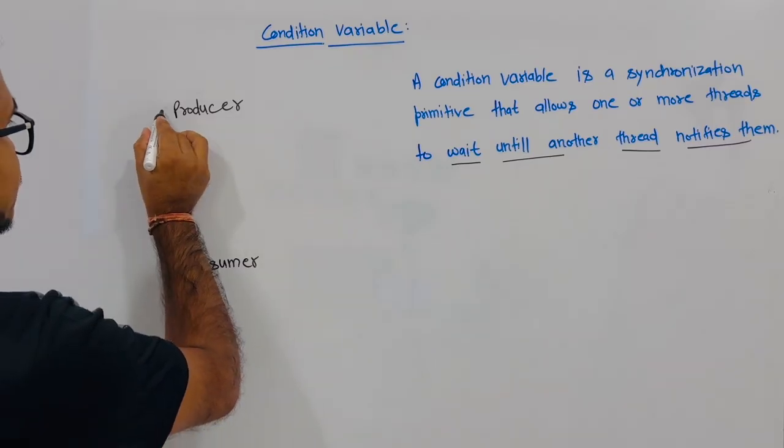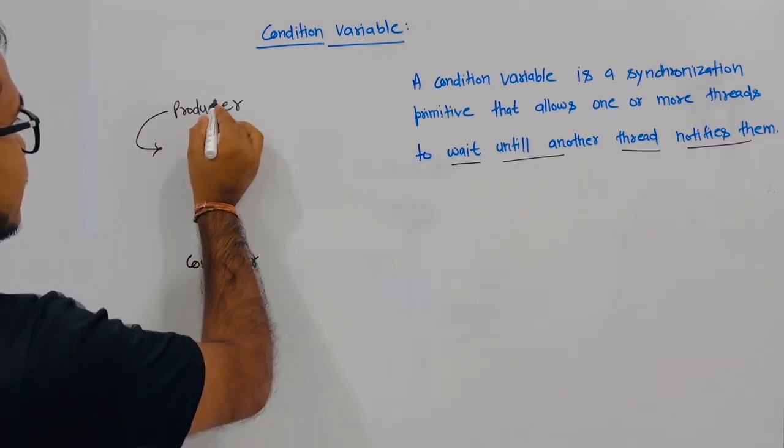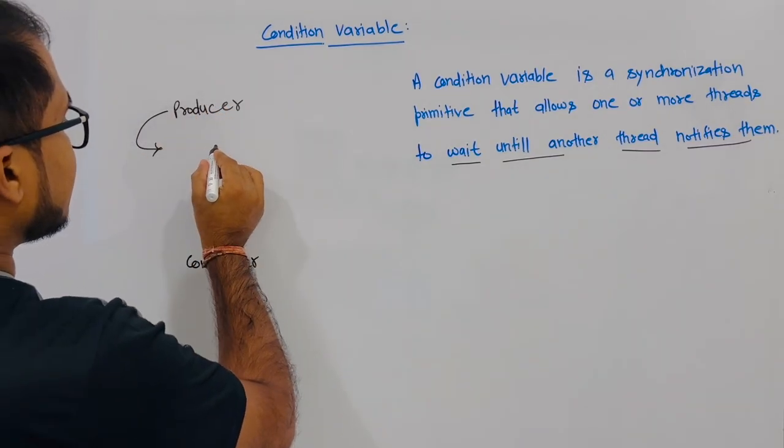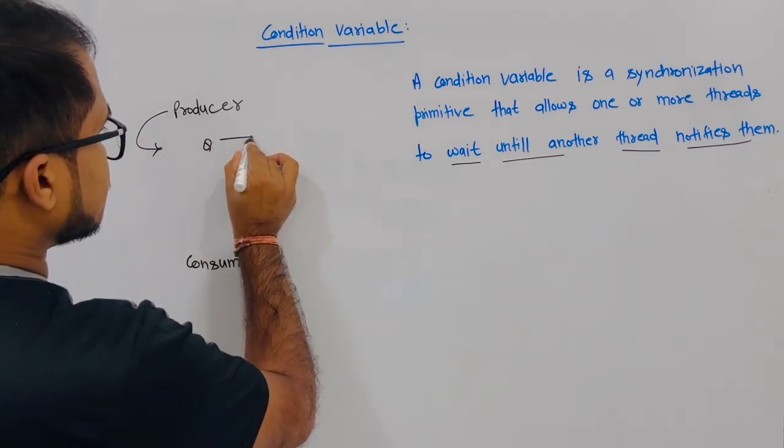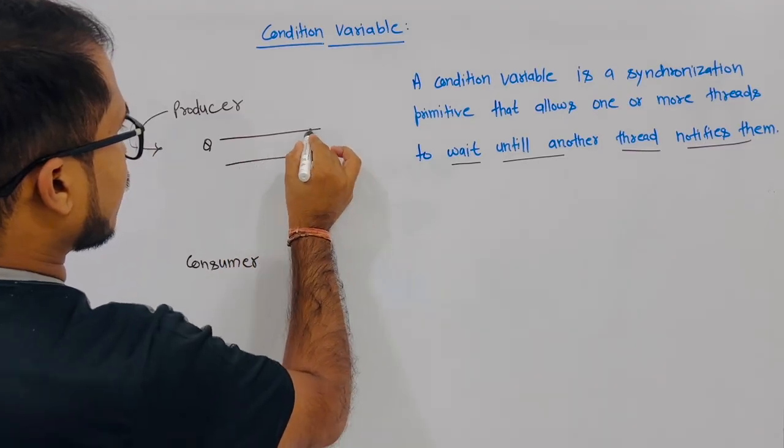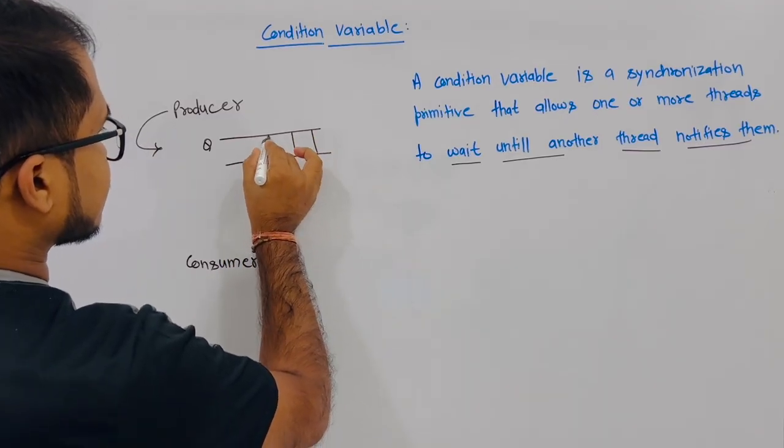What this producer thread does is it creates a task and pushes the task to the queue. I am calling this a queue of different kinds of tasks.